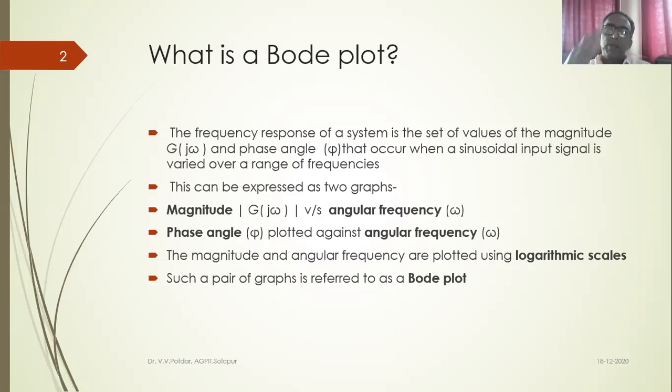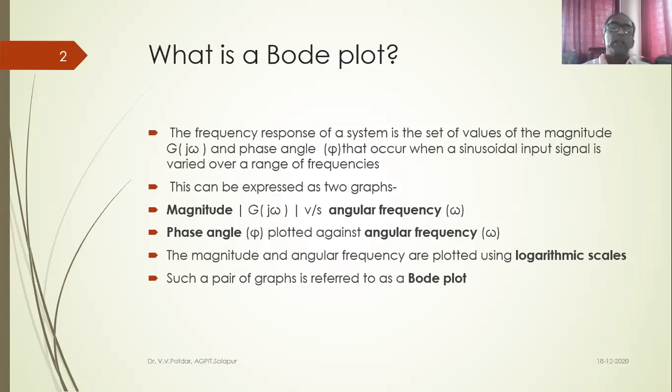The force is varying harmonically, sinusoidally. So that is my input function. Now, to this sinusoidal input signal, how does the system behave? The study of this system behavior is depicted by using a Bode plot.